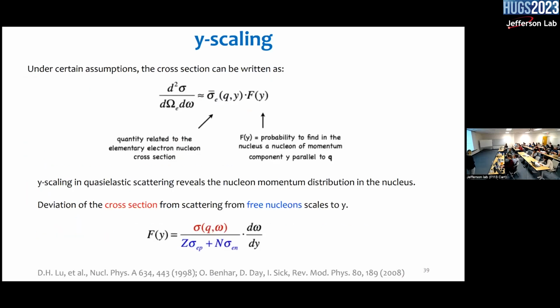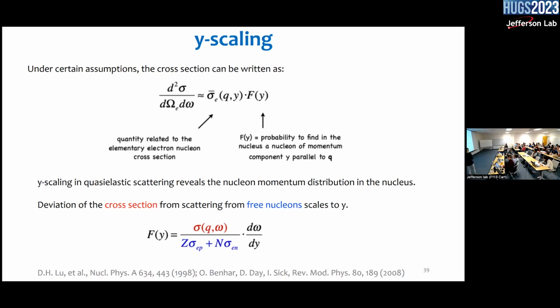Okay, so under certain assumptions, we can rewrite the cross-section as shown here in terms of the elementary electron-nucleon cross-section, and then this f of y, which depends on this y scaling variable, which is the probability in the nucleus to find a nucleon of momentum component y parallel to q, okay?